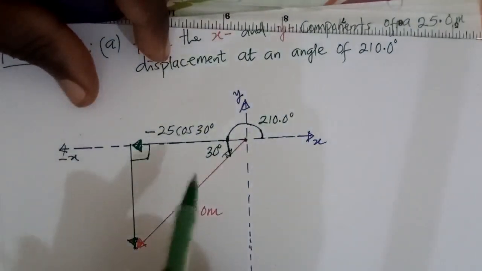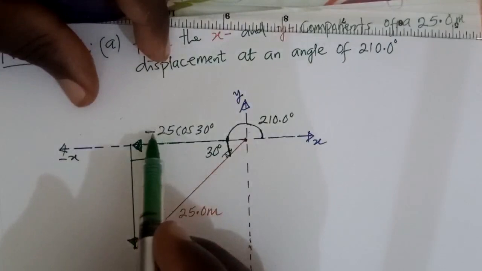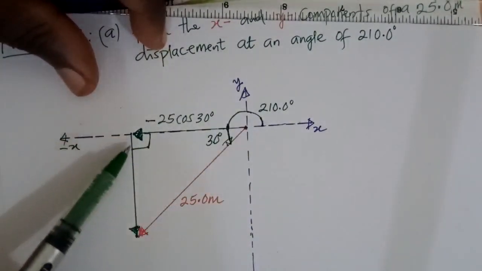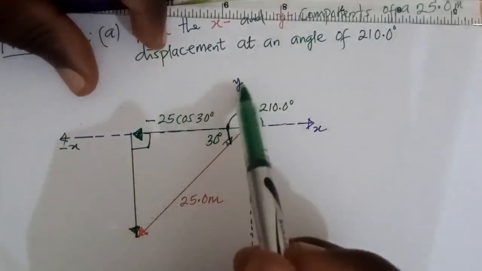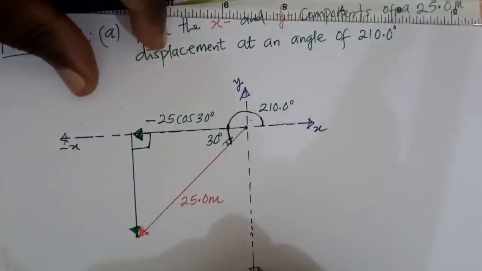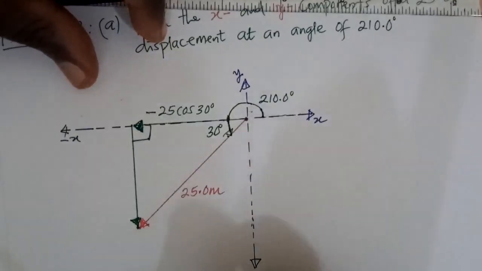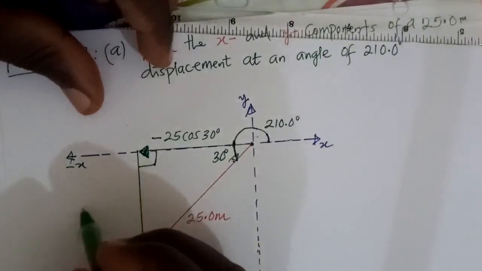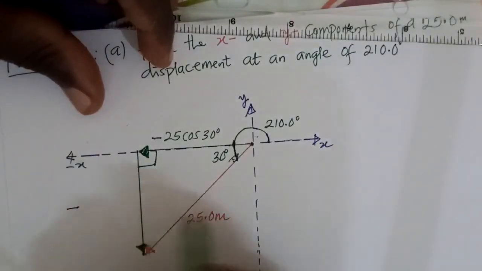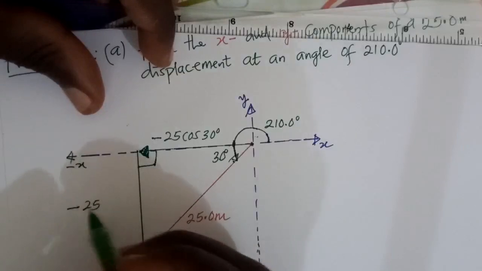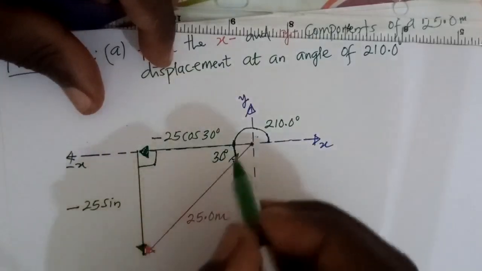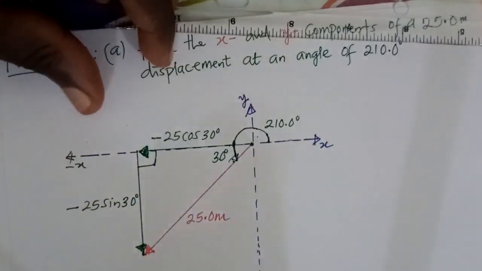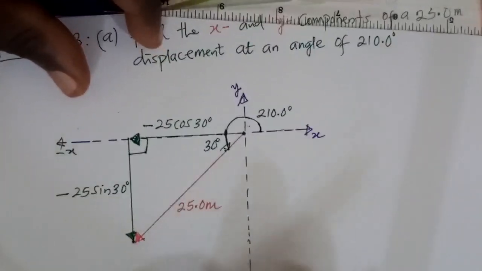This is our x component. If we want to get the y component, you see it is pointing downward. Upward is plus y, but downward, remember, is minus y. So it means this one should also be negative. So we have negative, we take our 25 here and say sine of the angle that we have here, 30 degrees. So this is our x component, this is our y component.